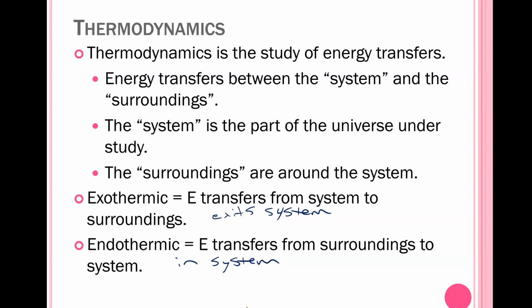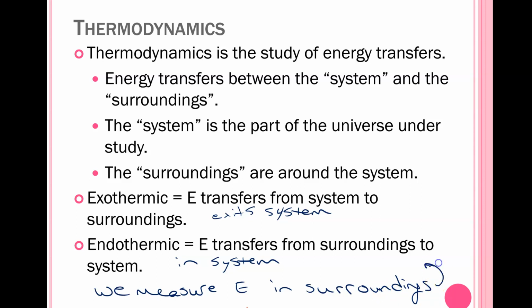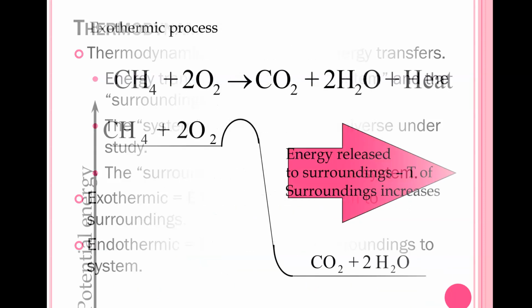Okay? But the problem is we can't measure things happening at the system level. What we measure is energy changes in the surroundings more often than not. And so when we're measuring energy change in the surroundings, it's going to be the opposite result for the system. And that's an important distinction to make.